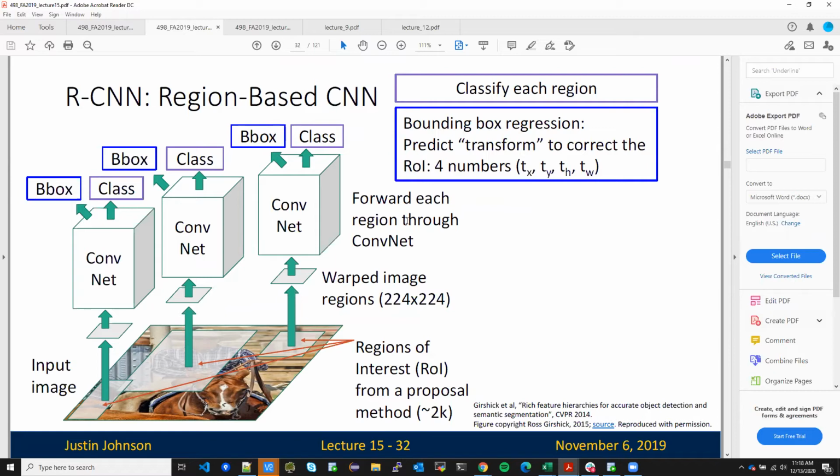One thing is that the initial region of interest might not be exactly in the right position. It might be shifted by a little bit. So if you want to correct a region, regression is used to correct your initial ROI.